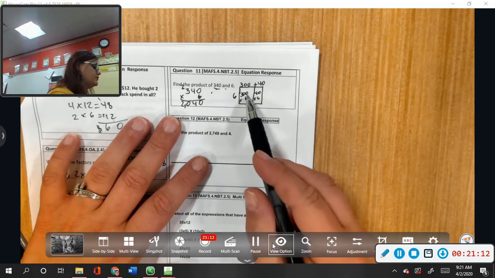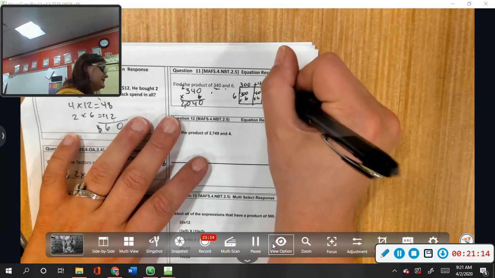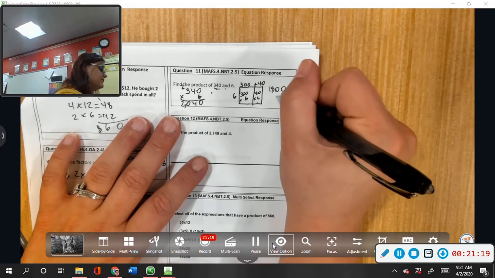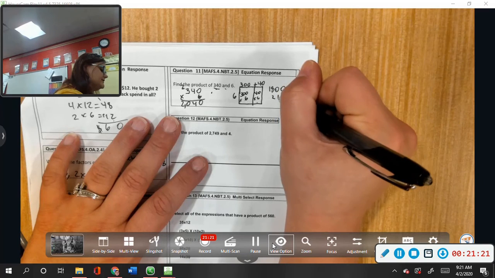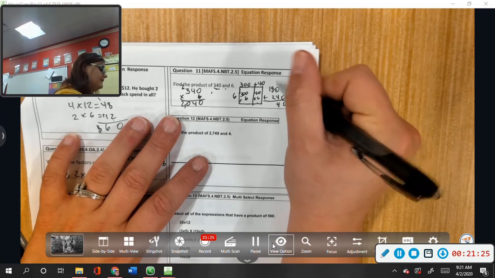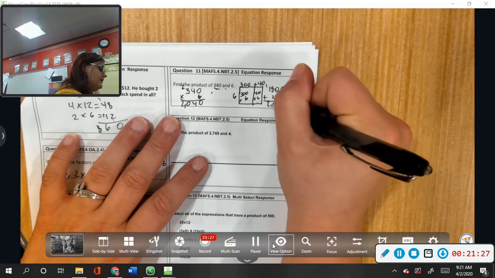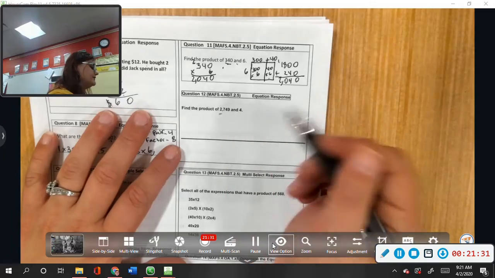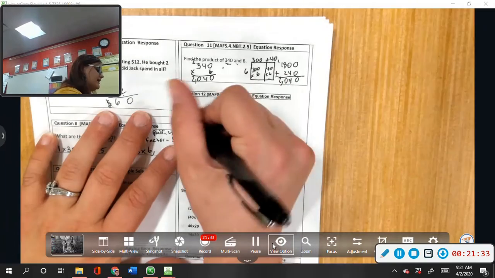We're going to take those partial products. 6 times 3 is 18, and we have 2 zeros. 40 times 6, 6 times 4 is 24, and we have 1 zero. And then we're just going to add those partial products together. That's 2,040.